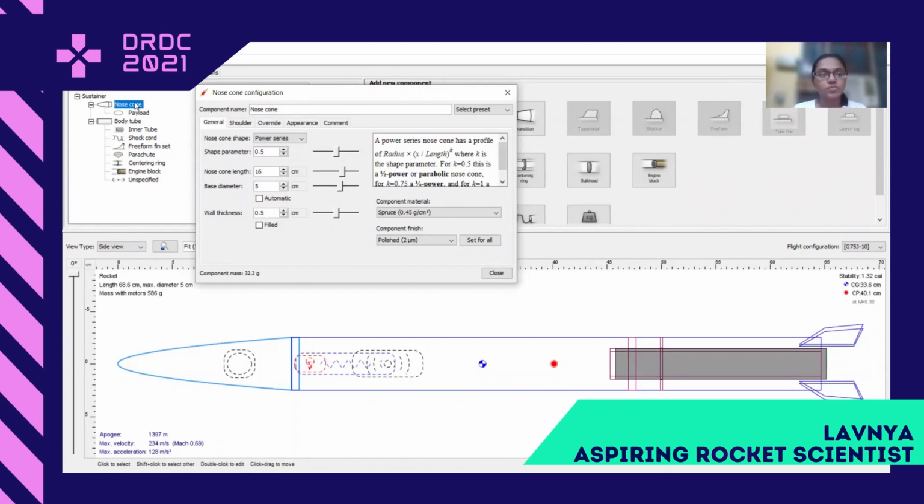Before getting into the specifications and configurations, let me tell you something about model rockets. Model rockets are really important for students to learn about rocket engines, rocket propulsion, etc., before they get into the higher level. Model rockets can help them get a better and wider knowledge of how a rocket works.